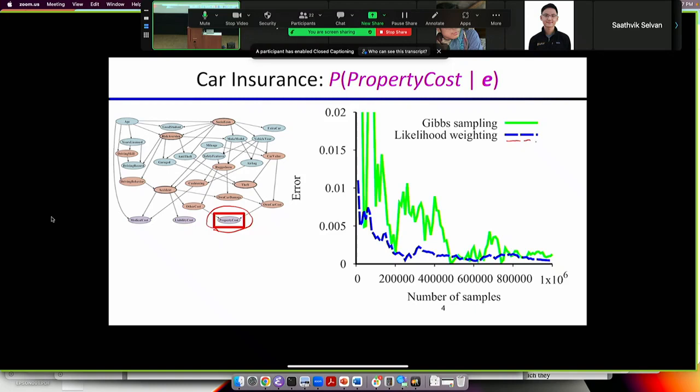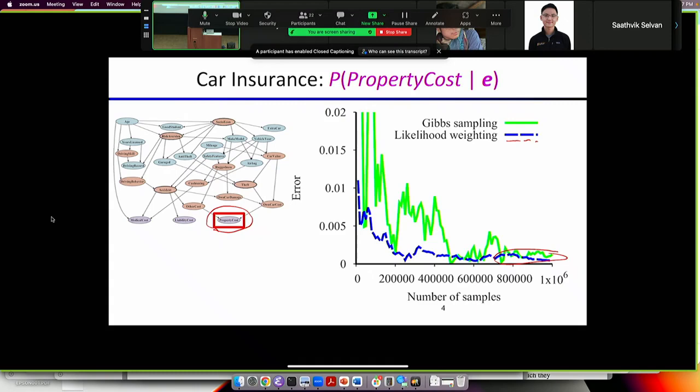This blue dotted line here is likelihood weighting, and this is a query that's particularly well suited for likelihood weighting because the evidence is all upstream and the query variable is downstream. So that's sort of the ideal case. And likelihood weighting works a little bit better than Gibbs sampling, but Gibbs sampling still works okay. It's just got a lot more variance, I would say, but it's converging down here comparably to likelihood weighting.